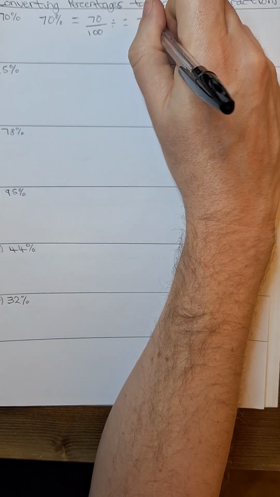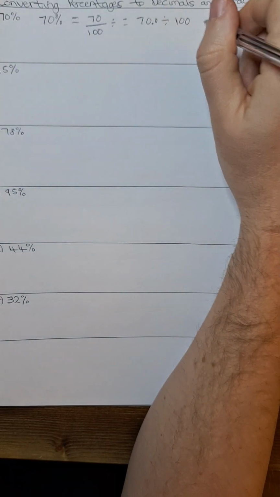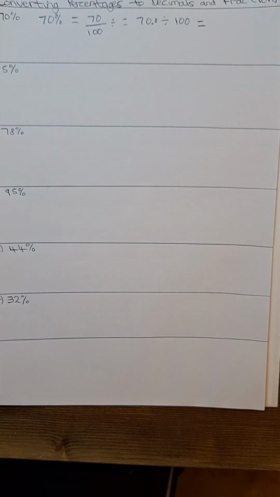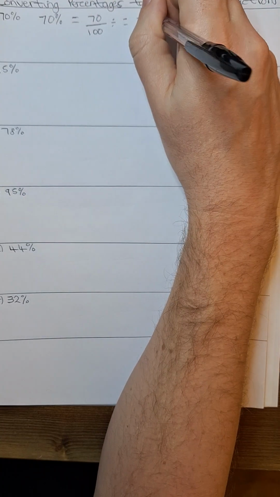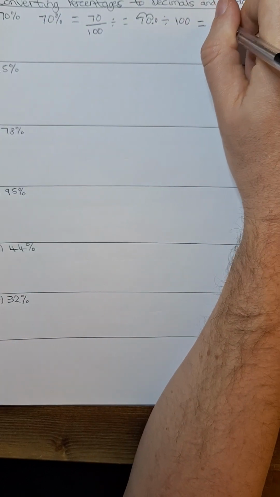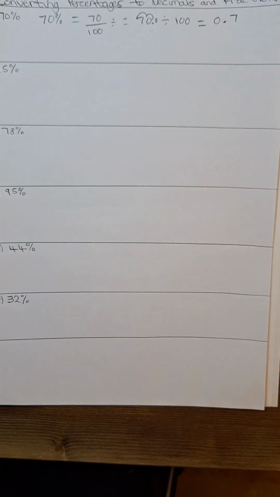Just to make it simple, it's 70.0 divided by 100. To divide by 100, move our decimal point 2 places to the left, which equals 0.7. Now that is as a decimal.